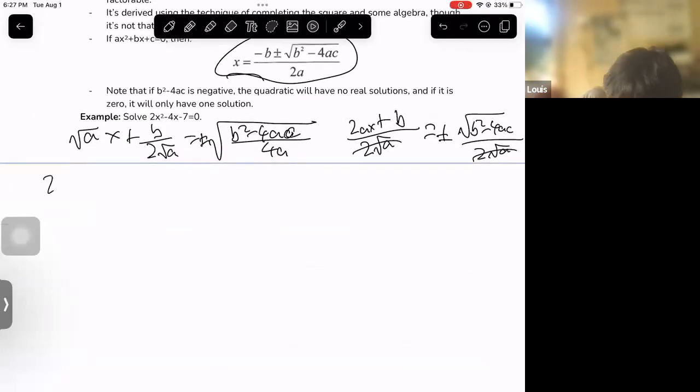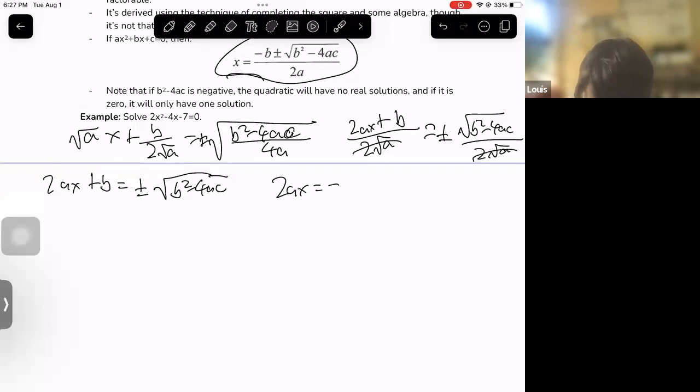To give us 2ax plus b equals plus minus root b squared minus 4ac. So 2ax equals negative b plus minus root b squared minus 4ac.